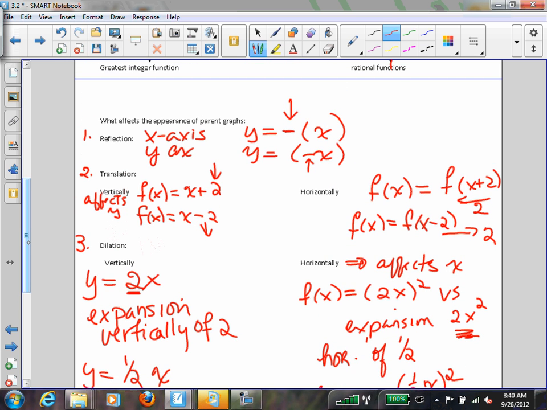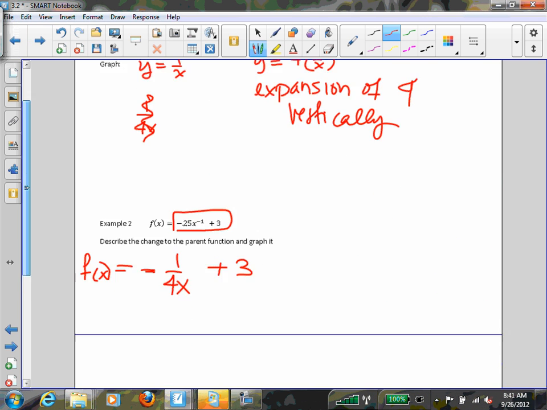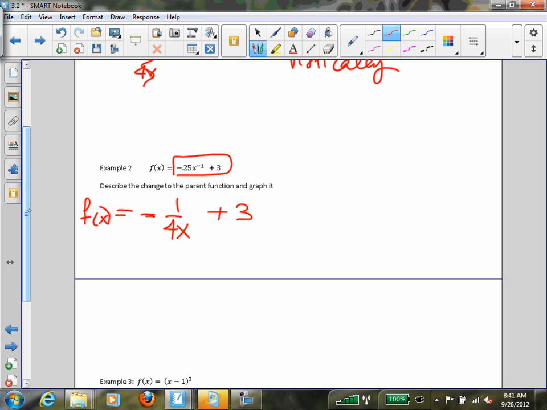Is it out in front or in with the x? Out in front. What's it affecting? Okay. So, if it's sticking out in front, it's affecting your y. If it's in parentheses with the x, it's affecting the x.